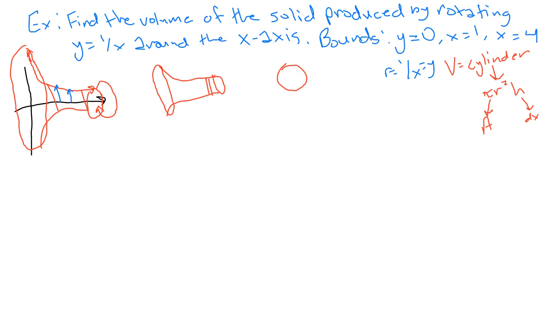Now we can say that our A of x is equal to pi r squared. In this case, pi times 1 over x squared, which is just pi over x squared. So now that we have that idea, we can go ahead and set up an integral for this.